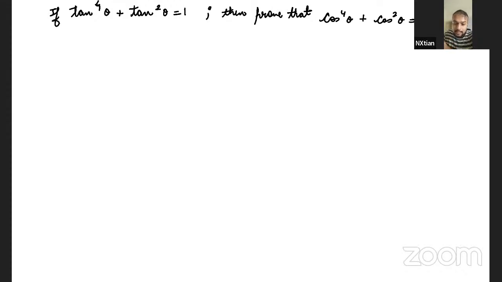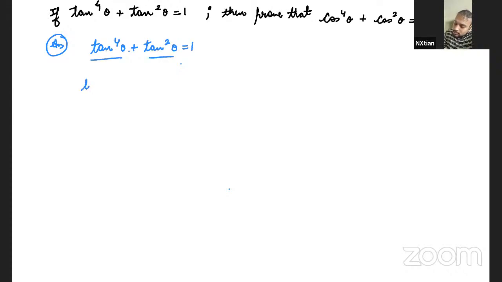Okay, now this is a different type of question. So how will we do this? See, tan 4 theta plus tan square theta is equal to 1. I will take out the common between these two terms. What is the common?